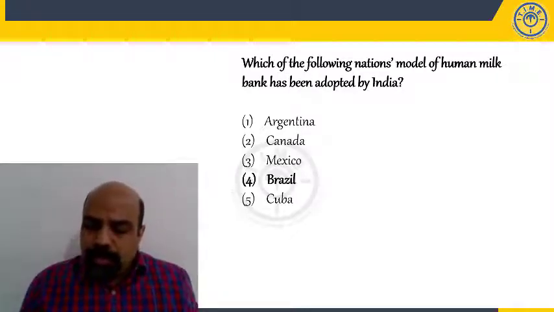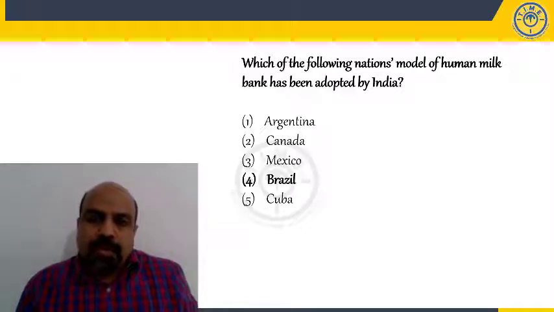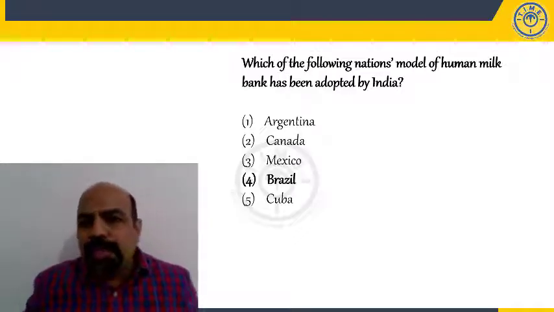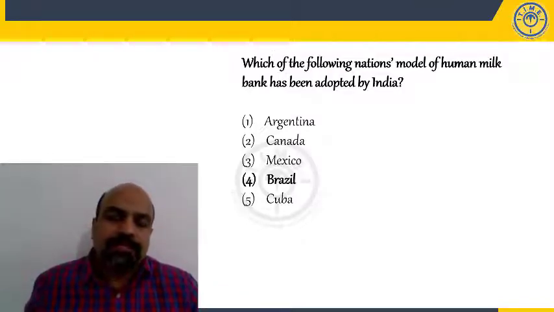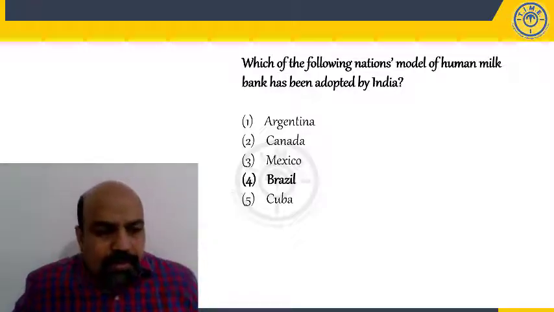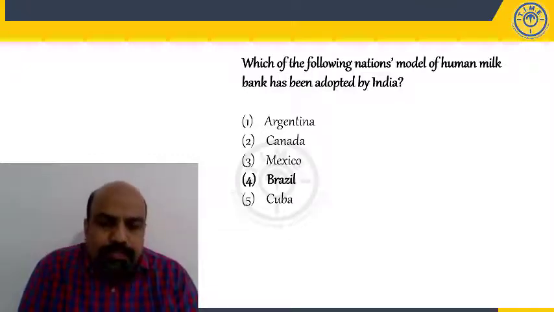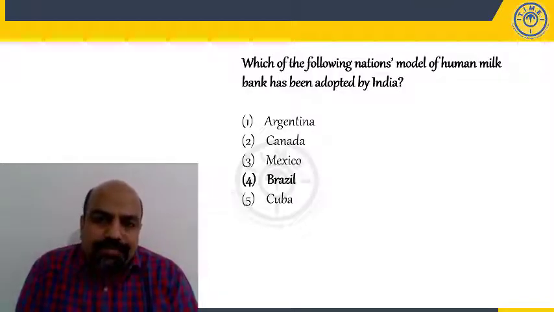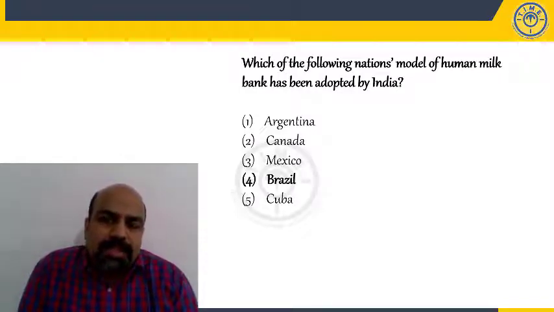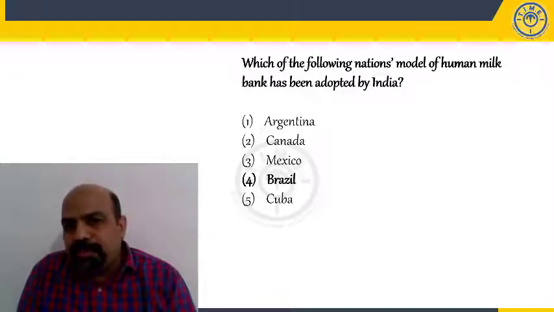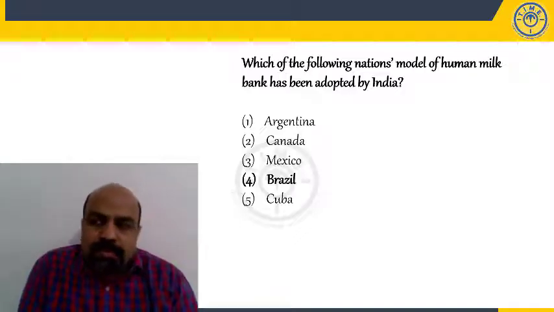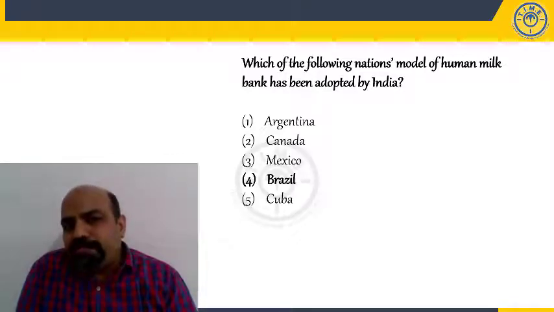Goal of current government policy of having human milk banks: to give access to breast milk to at least 70% of infants by 2025.